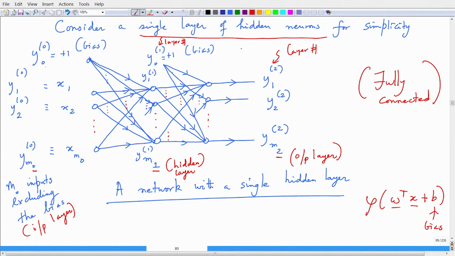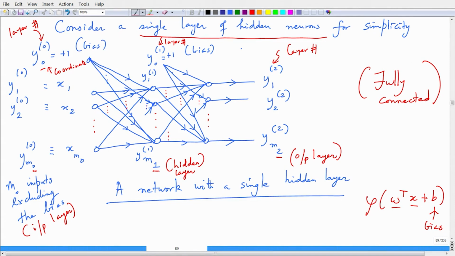Y0 in this case is just the coordinate. Now we have these biases that are also connected to the processing elements, and this continues like this.